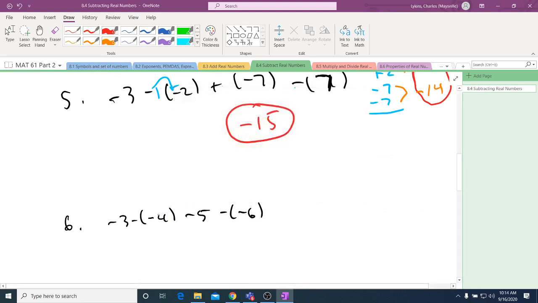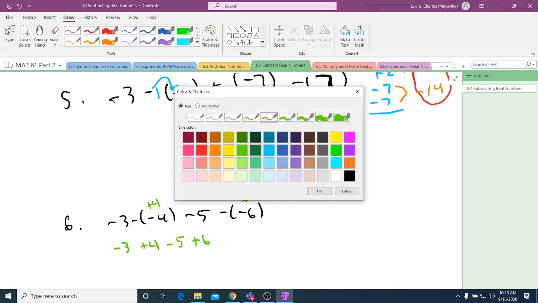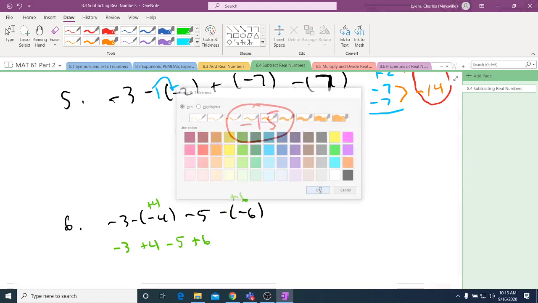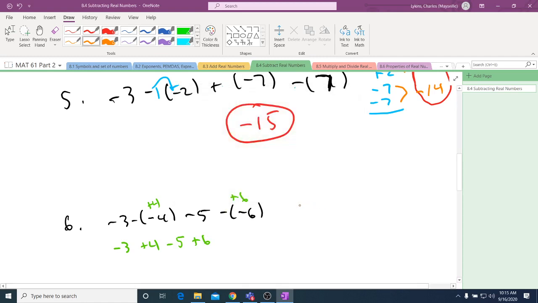Another way I like to do this too is if I see a bunch of negative signs and subtraction signs, what I'm going to do is this. I'm going to say, okay, that's negative 3. Okay, 2 negatives right here, that's a positive 4, so plus 4. I'm not going to do anything with my minus 5, but then 2 negatives right here make that a positive 6. So I'm going to pair up my positive signs and my negative signs.